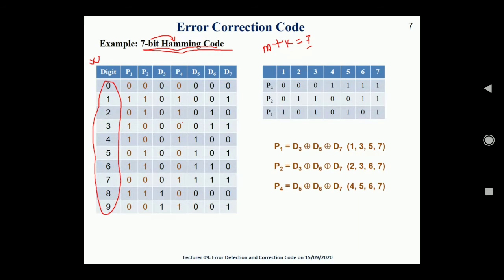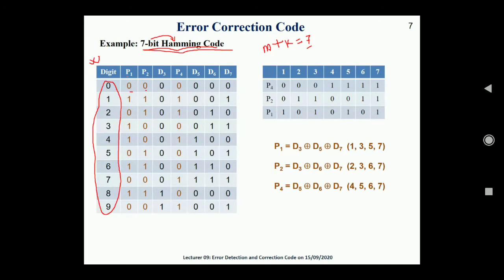See here, how many bits are we actually using, except the decimal digit? 1, 2, 3, 4, 5, 6, 7. So it is 7 bits.